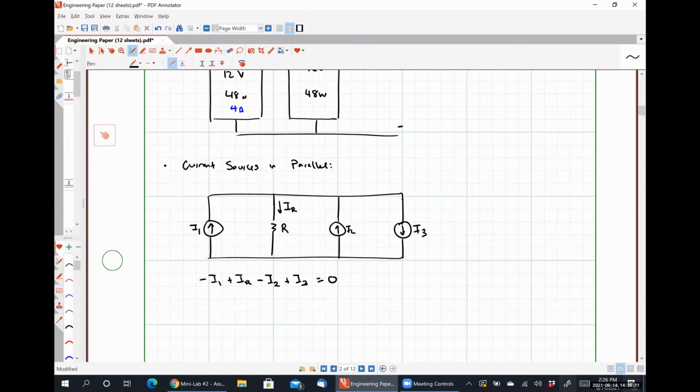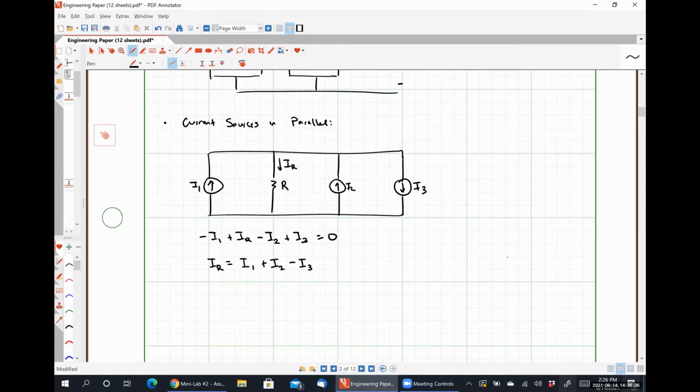And I'm going to do something similar to what I did when we had voltage sources in series. I'm going to move the current flowing through the resistor to one side of the equal sign and have all of the current source currents on the other side. And that would give me IR is equal to I1 plus I2 minus I3.